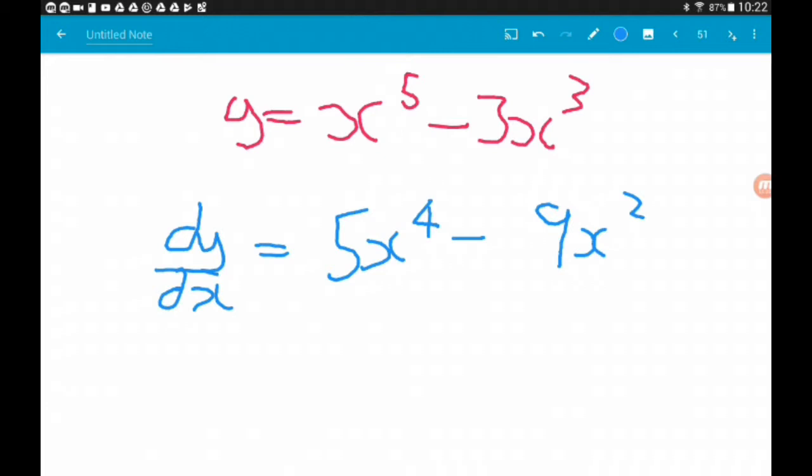To get our second order, we just differentiate that again.